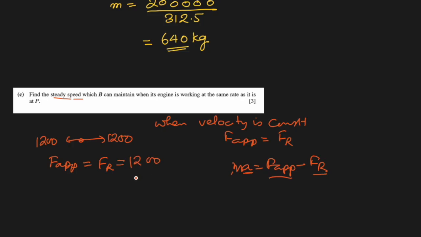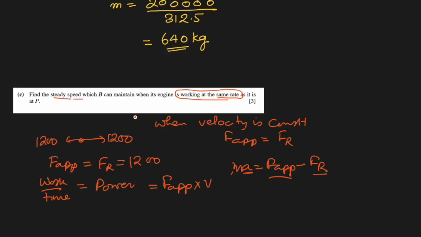So now we have to maintain the same speed. So they're asking what is that speed. And now since they are talking about the same rate of working, so work over time, rate of work is actually power, and power is applied force times speed.